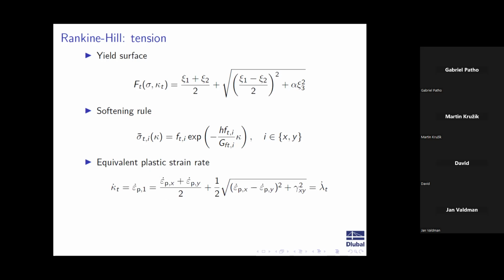So we put here instead of alpha just 1. In that case, this reduces to kappa dot equals lambda dot and makes our life much easier.